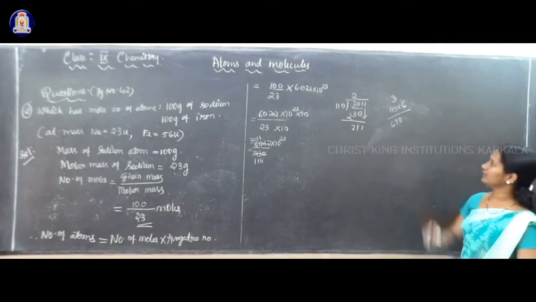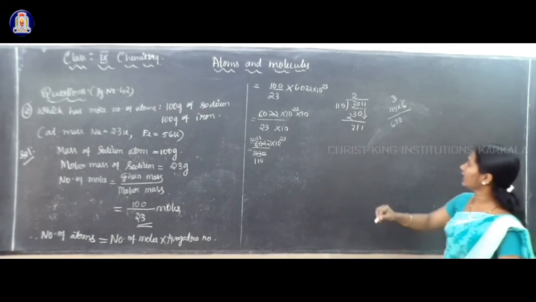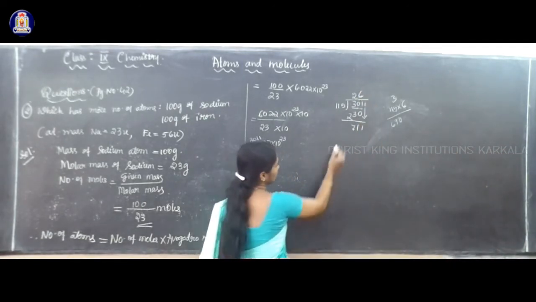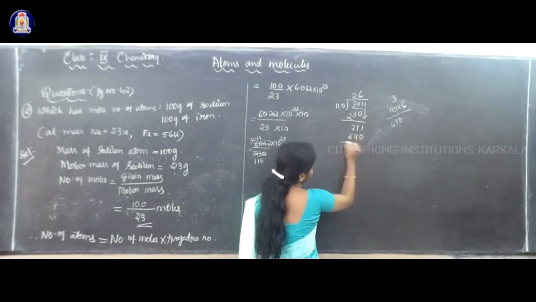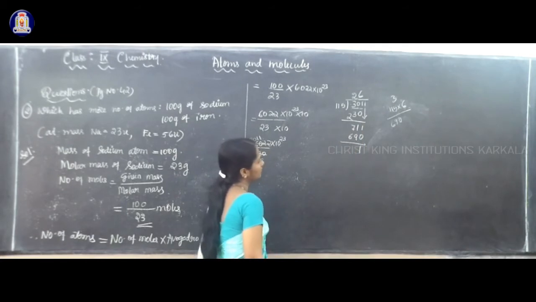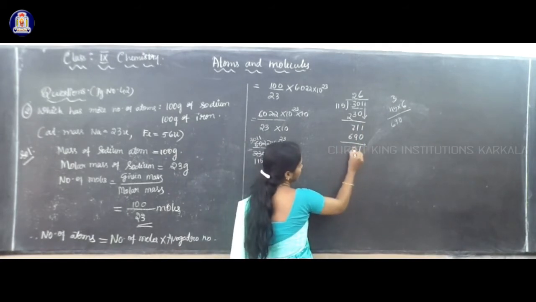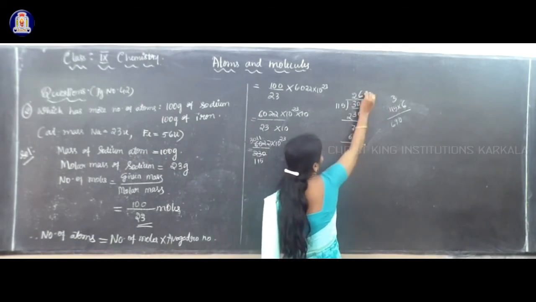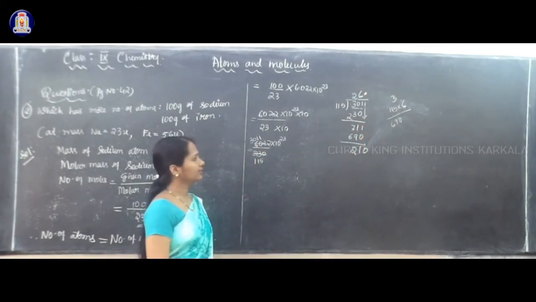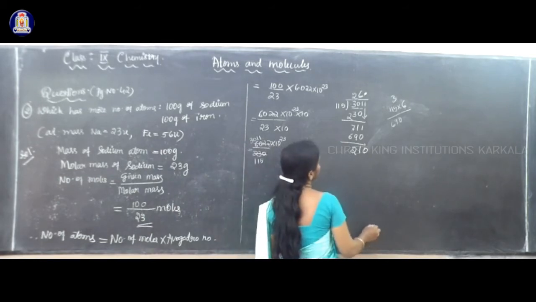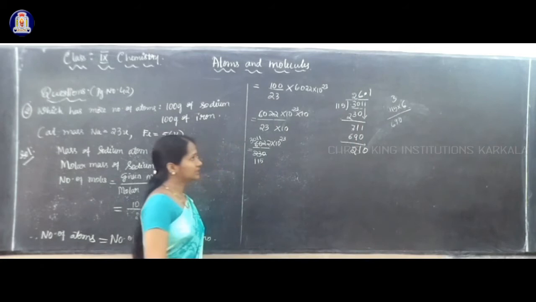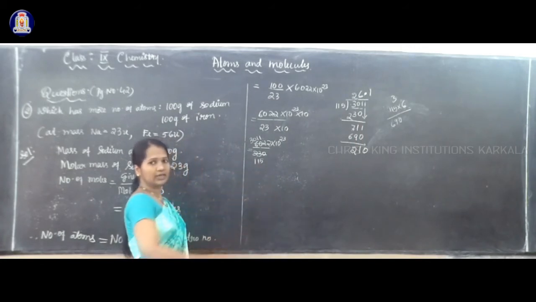This is 711, so 115 into 6 is 690. 1 minus 0, 1. 11 minus 9, 2. 6 minus 6, 0. Then 210. 210, in the sense 115, 2s are 230, so 1s. So you will get 26.1 and it still continues.